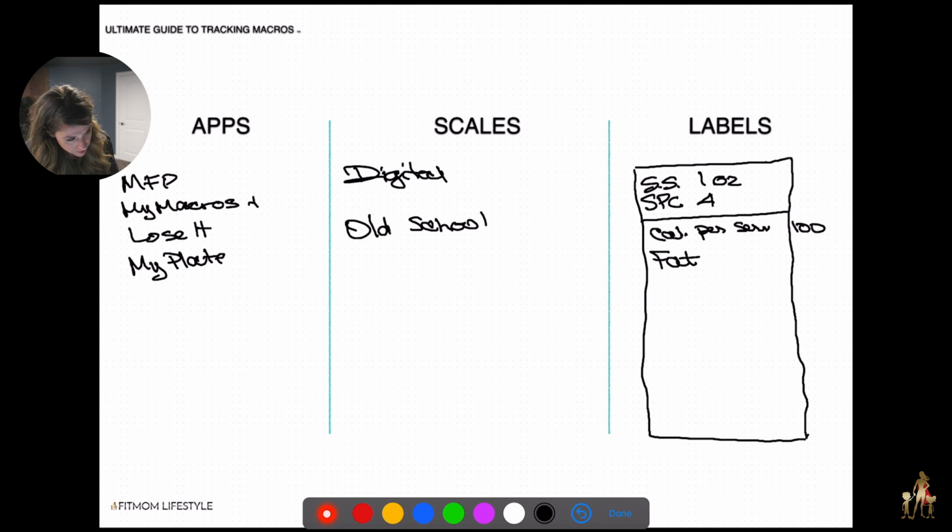So fats at the top, say 1.5. Then if you look further down the label, you're going to see carbohydrates. So we'll say that this one has 1 gram of carbs. And then you're going to see under that your dietary fiber, and you'll see sugar and then added sugar. Those things I also pay attention to. And then your protein. So in this, we have 21 grams protein, 1 gram of carbs, 1.5 grams of fats.